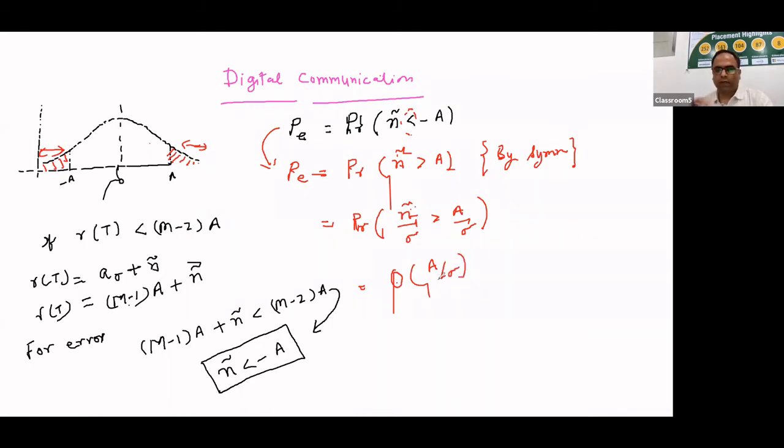So again, we are finding the same probability of error which we already found in the case of internal points. Yes, for minus a and plus a, the formula will be the same. For example, this is where n tilde is less than minus a. This is this region, right? And symmetrically, the same region will be when n tilde is greater than a.